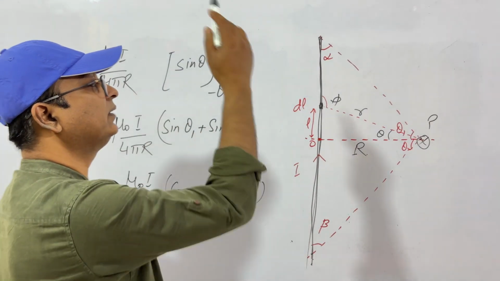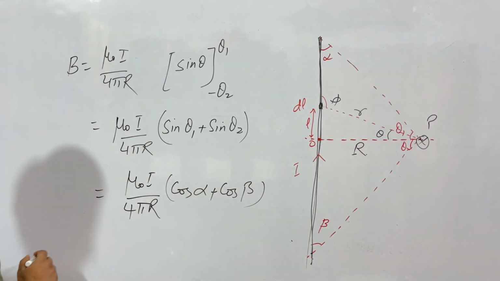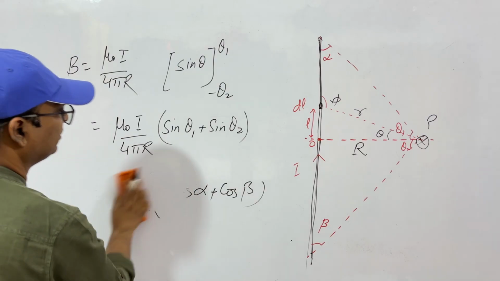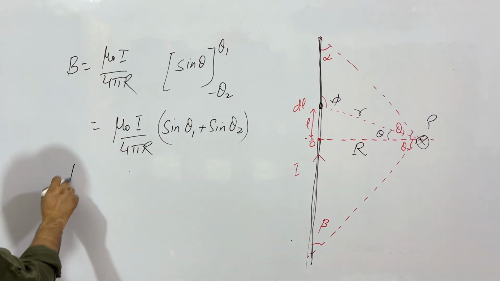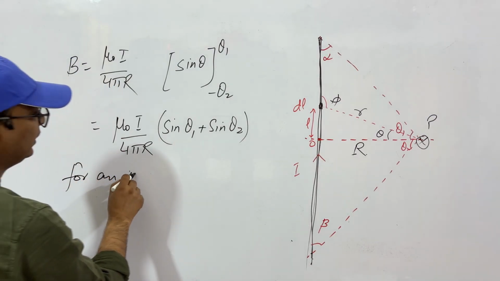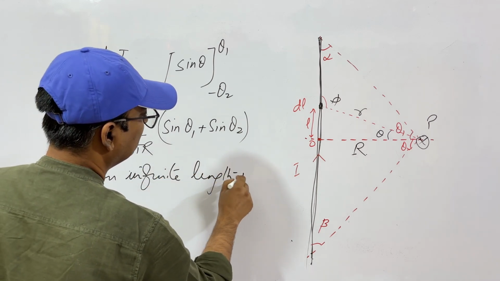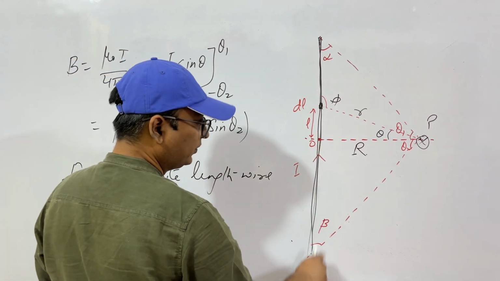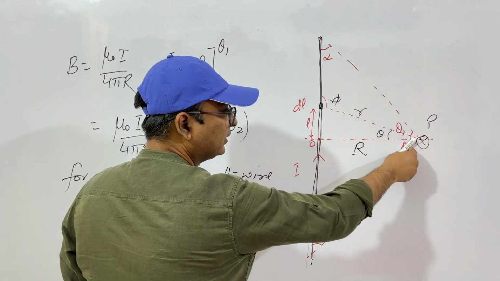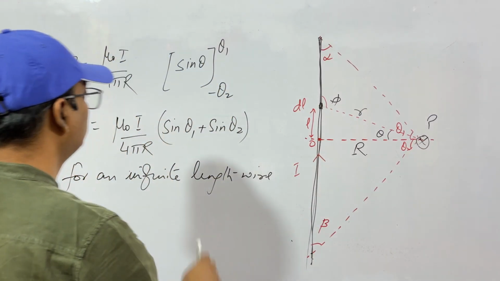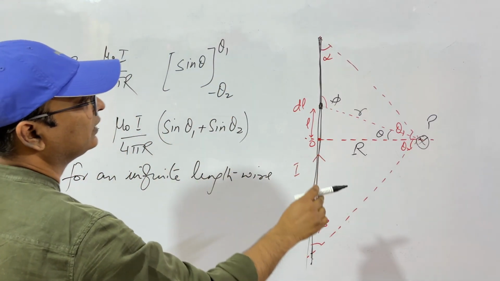What if this is an infinite wire? I am writing it here. I am rubbing this. So for an infinite length wire, if this is infinity, what will happen? This will increase up to π/2, so that θ1 and θ2 become π/2.